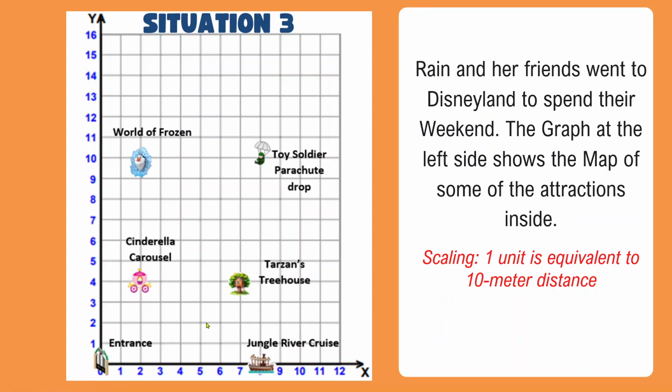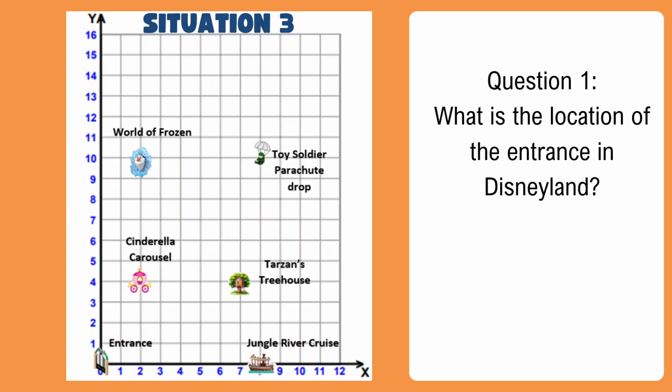Now the question: what is the location of the entrance in Disneyland? The location signifies that we need to identify the coordinates or the ordered pair describing the location of the entrance.